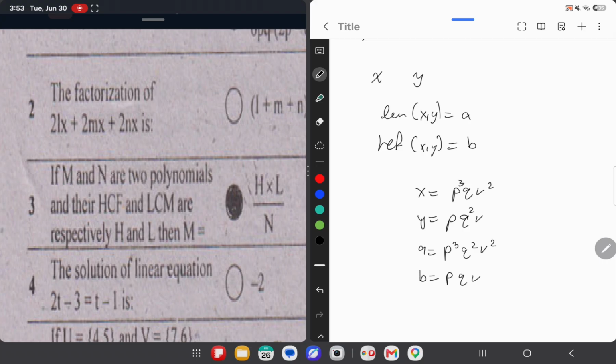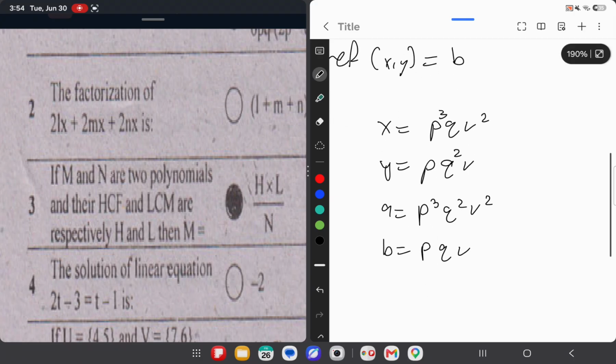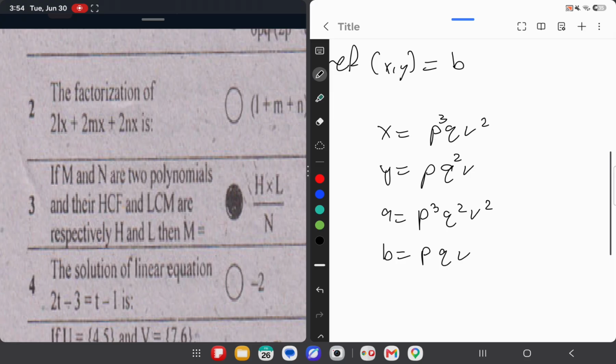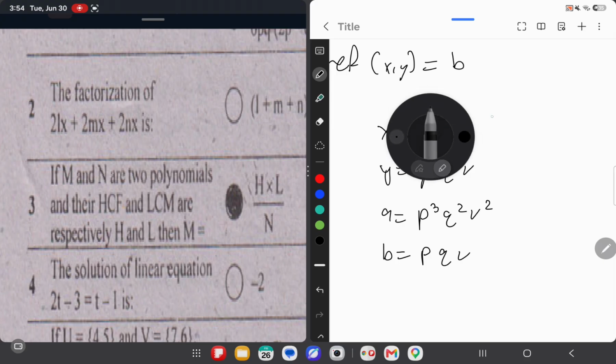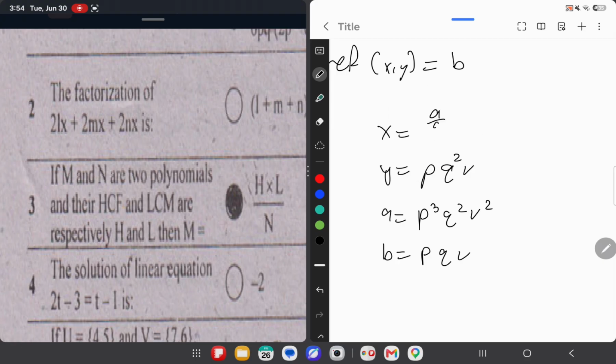Obviously, we can have any number of primes. Okay, and HCF and LCM. Now, we can do some tricks here, where if we see a is almost x, we say a over q is x and y is almost this, so we can do bq.